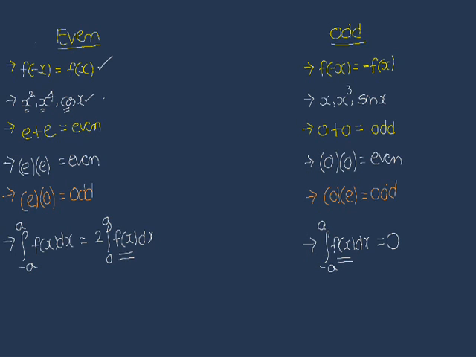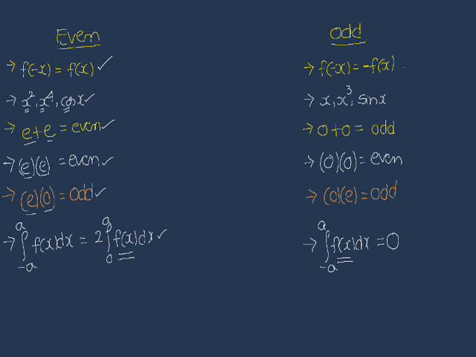Therefore these are all even functions. An even function plus an even function gives an even function. The product of two even functions, as we have discussed, is also an even function. An even function into an odd function gives an odd function. Similarly, the integral from minus a to a of f of x dx is 2 times the integral from 0 to a of f of x dx if f of x is an even function.